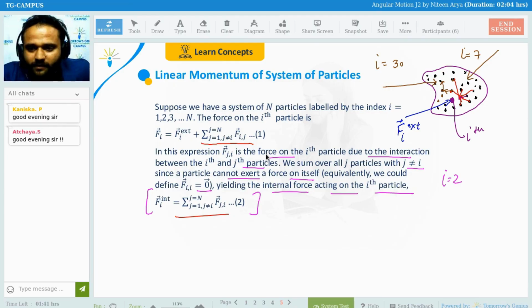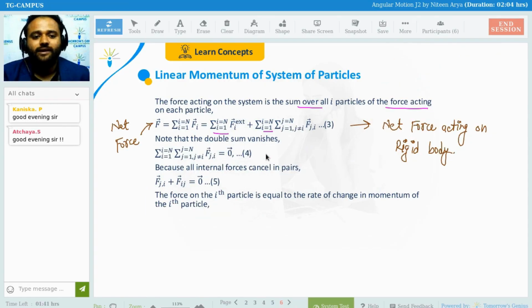Suppose this particle applies a force on this, and this same particle applies a force on this. So there are two very minute forces, this one and this one. They are going to cancel each other. Clear? So that is how they vanish, and that is why we can drop the internal force.